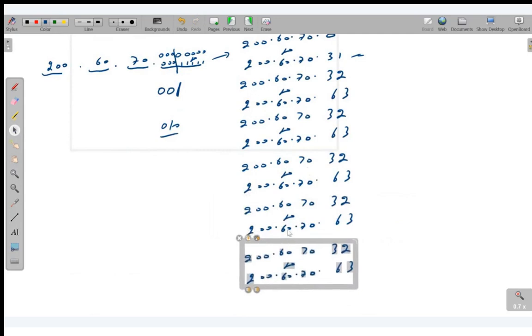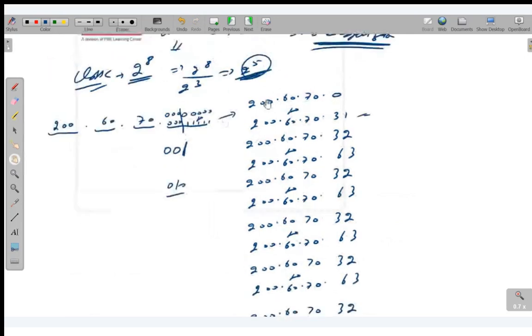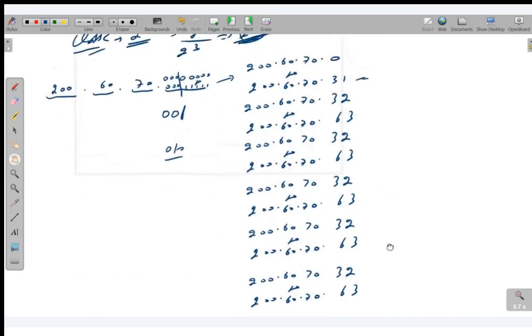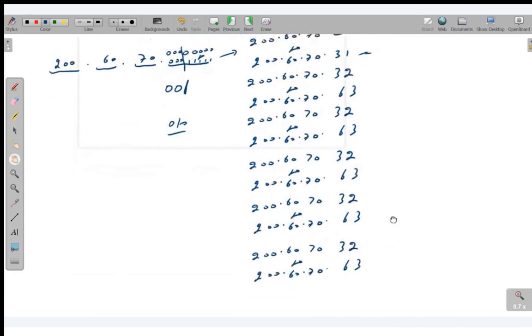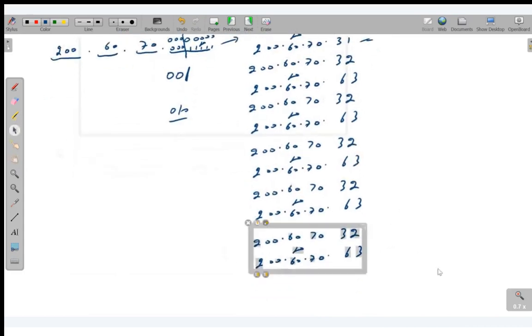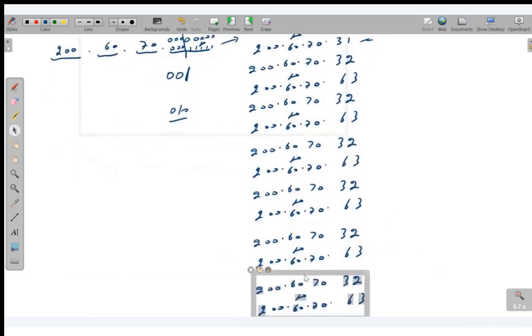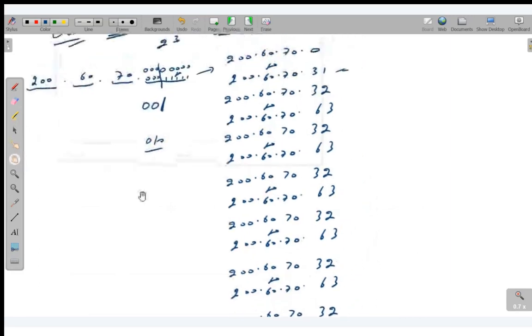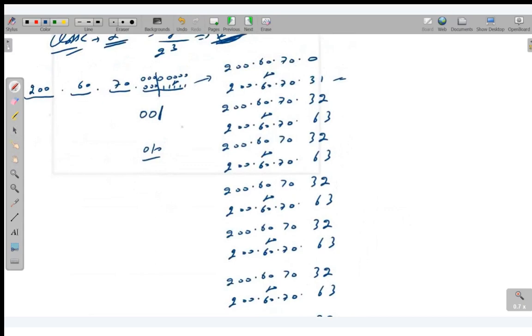How many have we done? 1 2 3 4 5, 6. 1 2 3 4 5 6. Yes, 6, so two are left out, 7 and 8. Yeah, now it's perfectly fine. Now we will do it fast. So this was for the first organization, this is for the second organization, this is for the third organization.